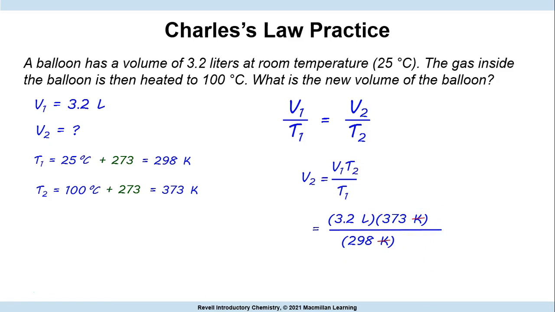So we multiply 3.2 times 373, then we divide by 298. That gives us a value of 4.0 liters. So you can use these formulas to calculate either the final temperature or the final volume when you are given the other factors. Now, let's look at what we call the combined gas law.